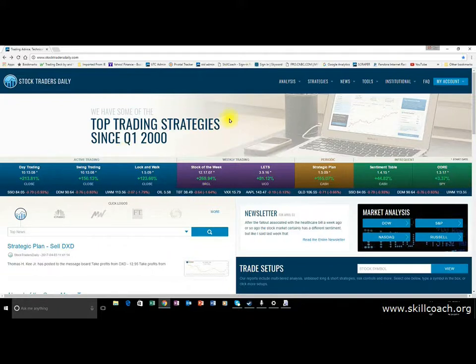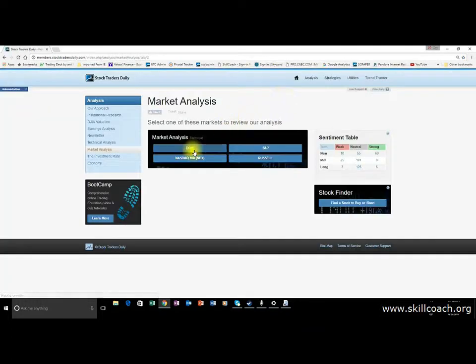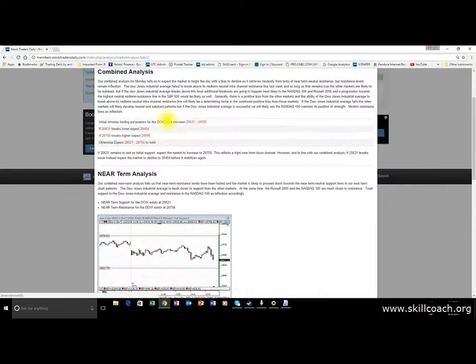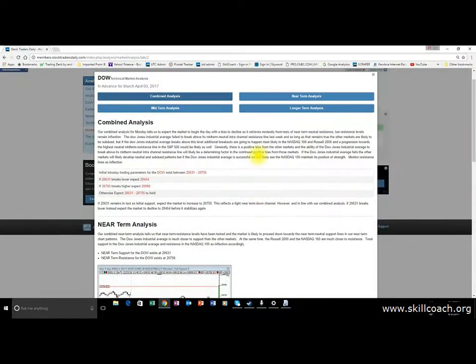First things first, these strategies are based on a combined analysis where I evaluate the 4 markets that are integral to our combined analysis. Those are the Dow Jones Industrial Average, S&P 500, NASDAQ 100, and Russell 2000. For each of these, I also evaluate them based on a near-term, mid-term, and longer-term observation to conclude a combined analysis.